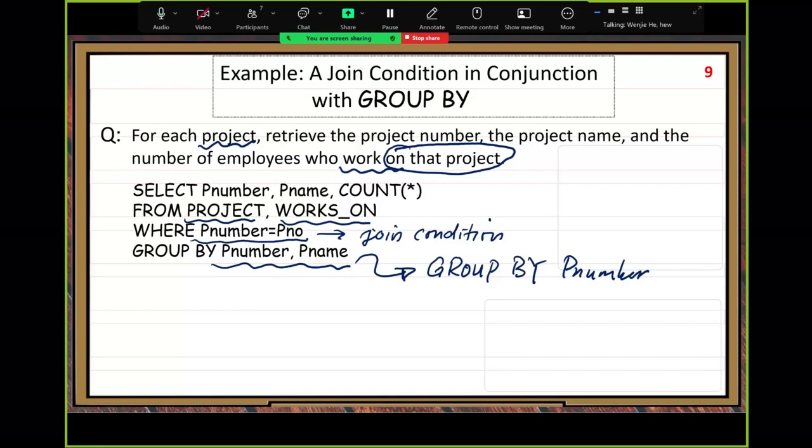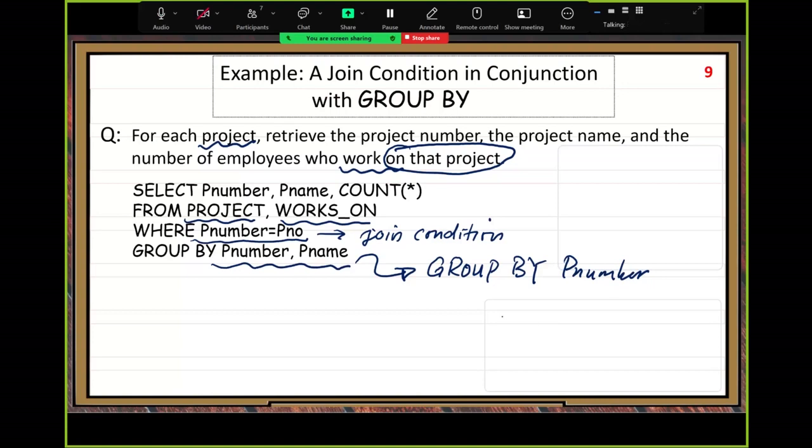We use the P number value, we can define groups, right? So what's the difference? Look at these two ways. What's the difference? Actually, these two ways, we define the same groups. No difference. Why?